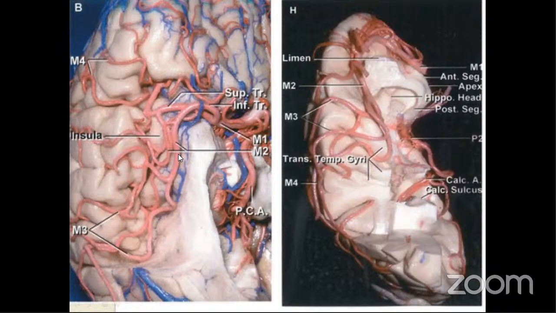It is also called the insular part of the MCA. It further goes, and at the circular sulcus, it then continues as the M3 segment, or the opercular segment. And here we can also see M4, known as the cortical branches, and it is the fourth segment of the MCA.